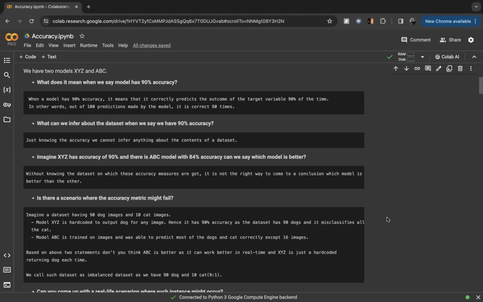After training, ABC predicts some dog images as dog and some cat images correctly as cat. The only problem is that it is not able to predict 16 of the images correctly, hence it has 84% accuracy. With this information, we understand that 84% is much better than whatever XYZ was doing with 90% accuracy. A data set with an imbalanced ratio of cat and dog images, or two different labels, is called an imbalanced data set.